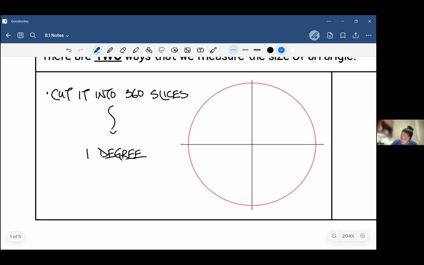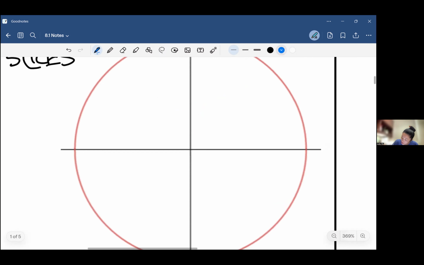Now that's going to be super hard for me to draw here, but we'll give it a try. Okay, so if I zoom in here, if I have one ray here, and then I draw a second ray so that the slice between them is super, super small, then this angle would measure 1 degree.